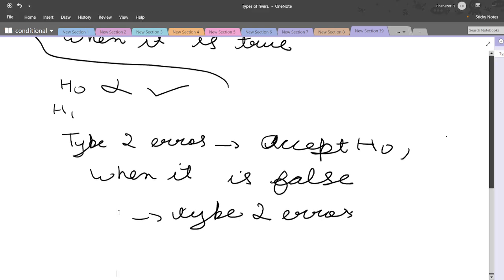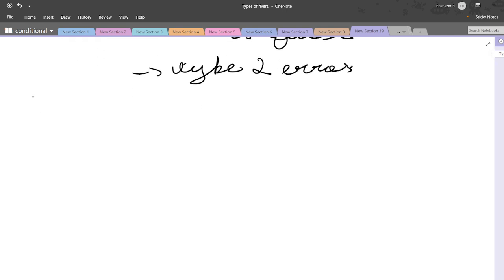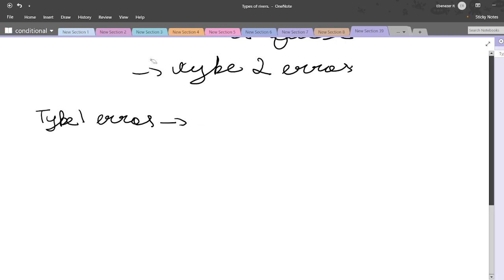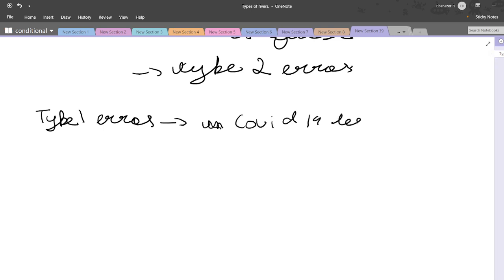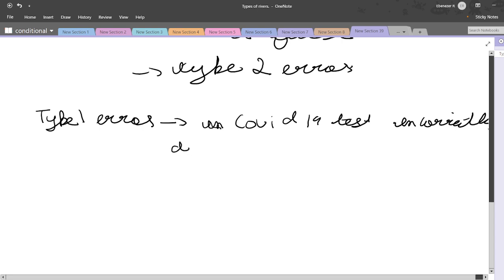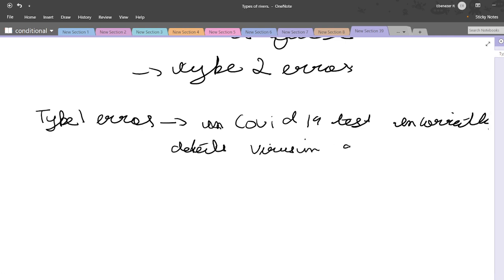For example, type 1 error in COVID-19. Suppose a COVID-19 test incorrectly detects the virus in a healthy person.